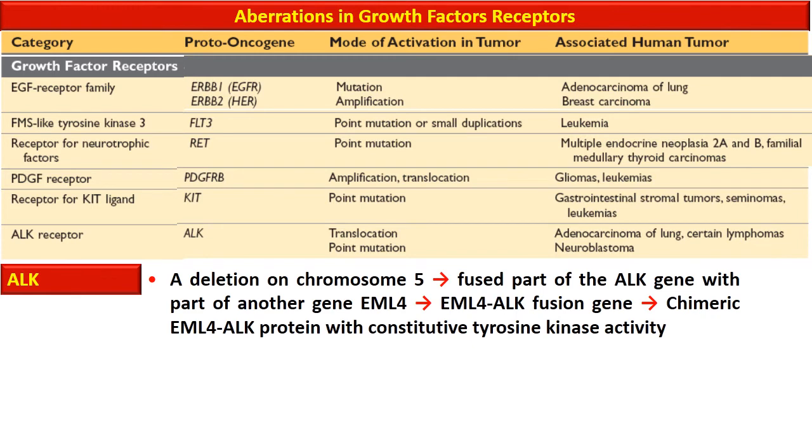When there is deletion on chromosome 5, it will result in fusion of part of the ALK gene with part of another gene, the EML4 gene. This fusion gene formation will result in the production of a chimeric protein. This chimeric EML4-ALK protein is there, and there is also constitutive activation of the tyrosine kinase.